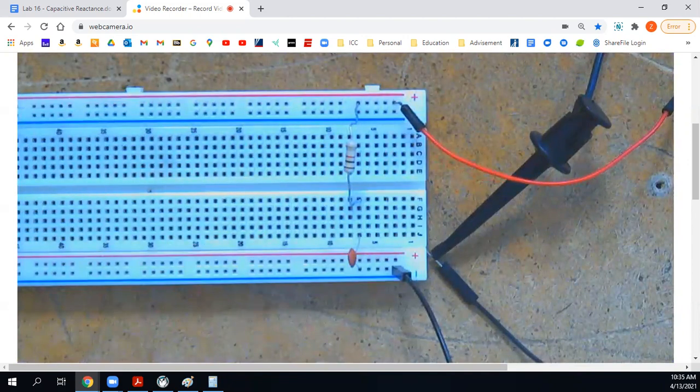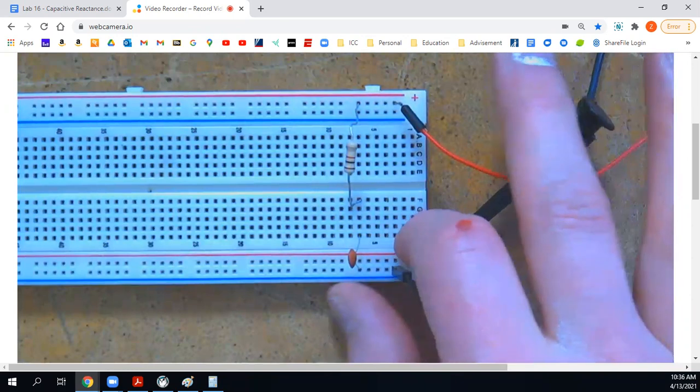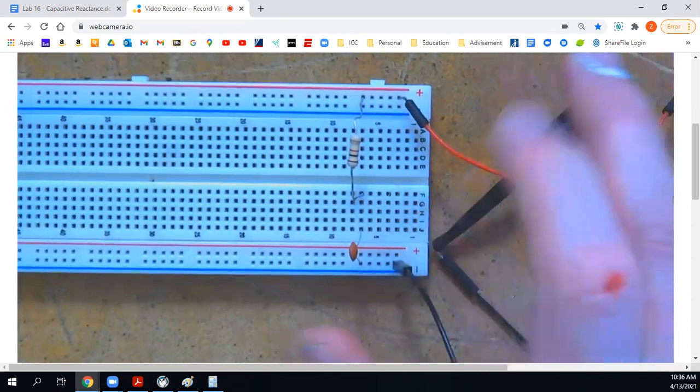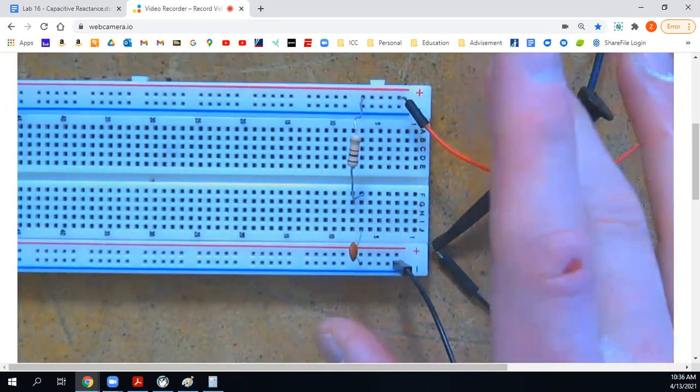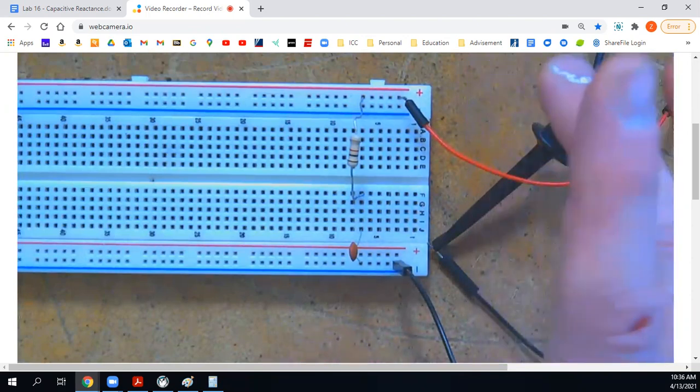Cool, there's my circuit. If I turn that output on, my function generator, check the frequency and voltage with the oscilloscope. I can now measure the output of the function generator, so 1 volt RMS.